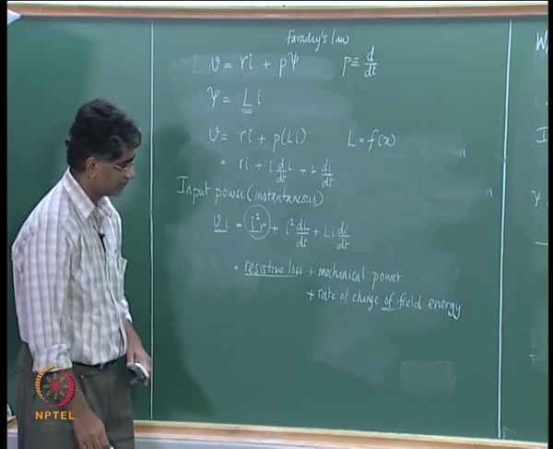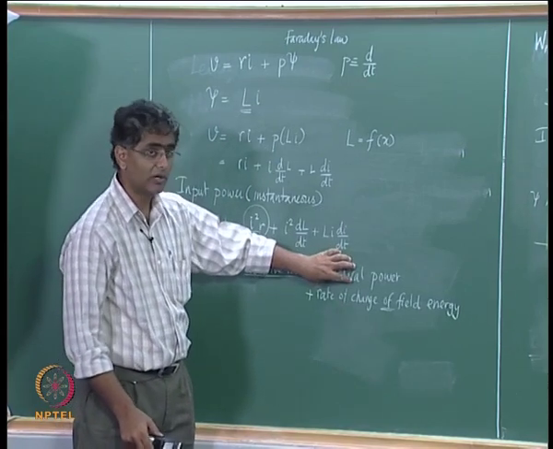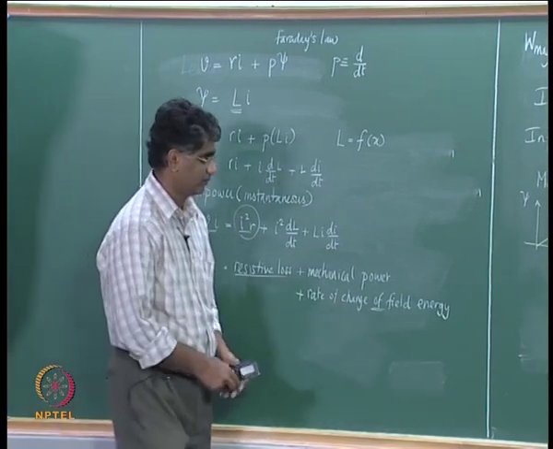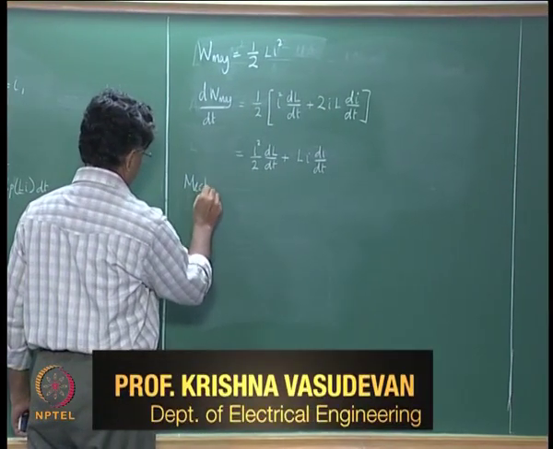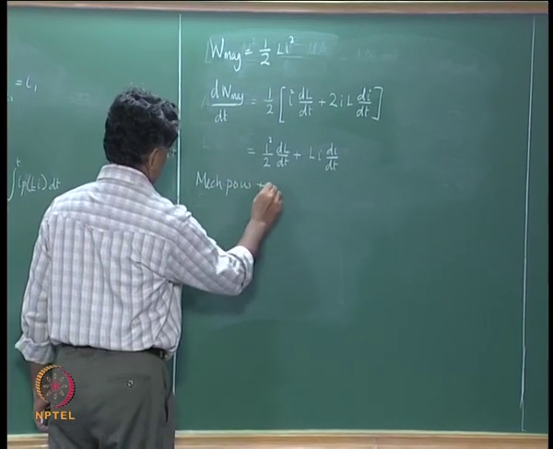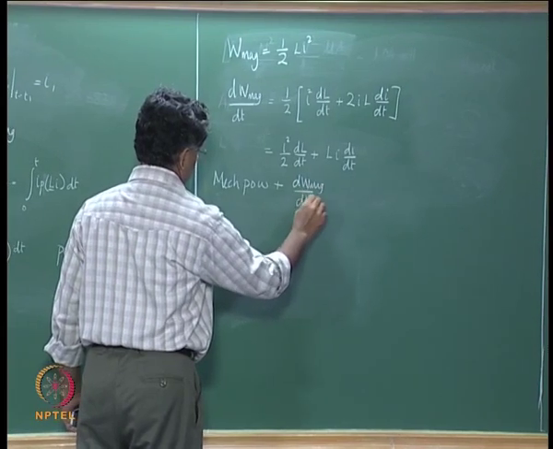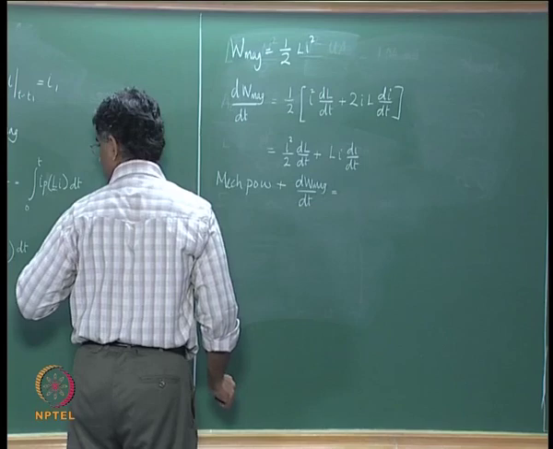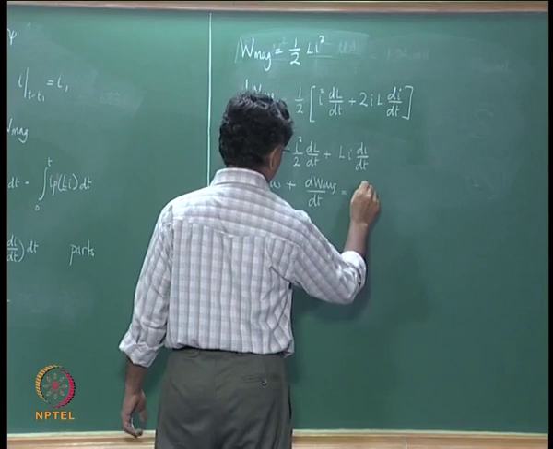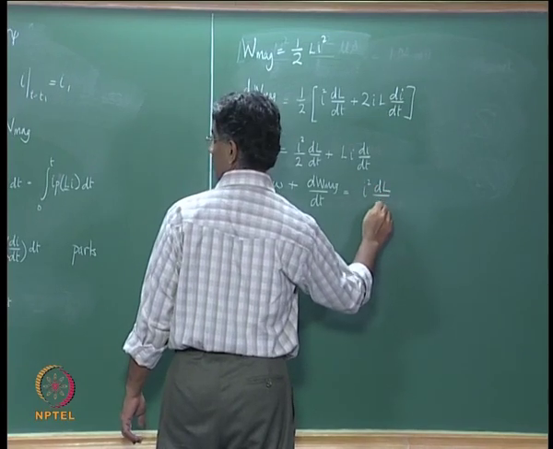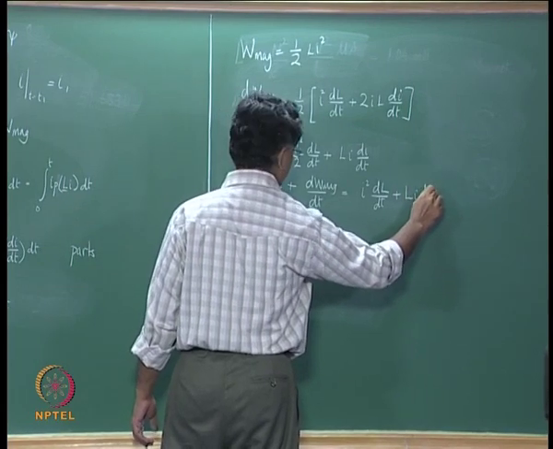This term has to be then the sum of mechanical power plus the rate of change of field energy, which is equal to I square dL by dt plus L I di by dt.